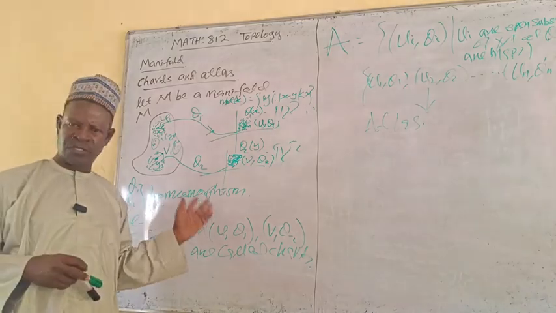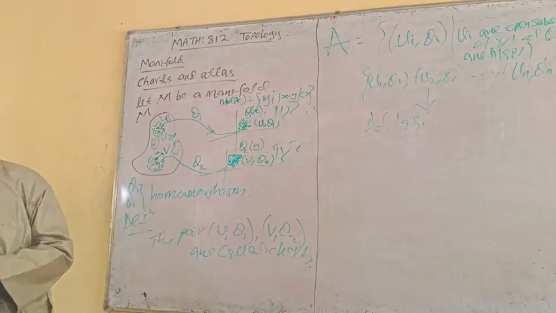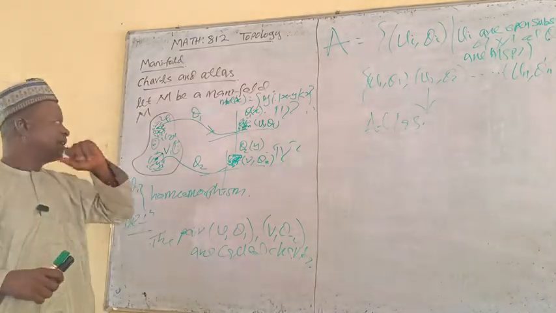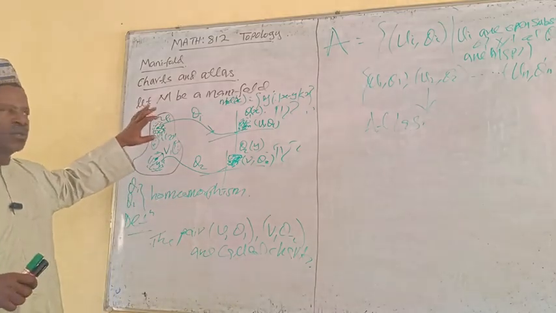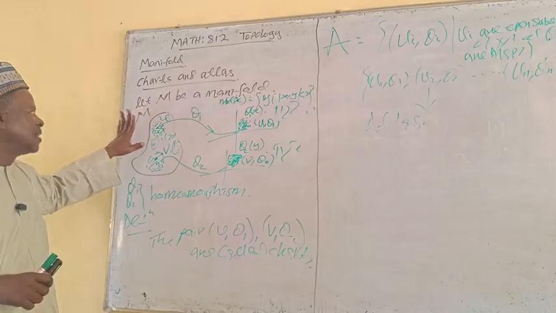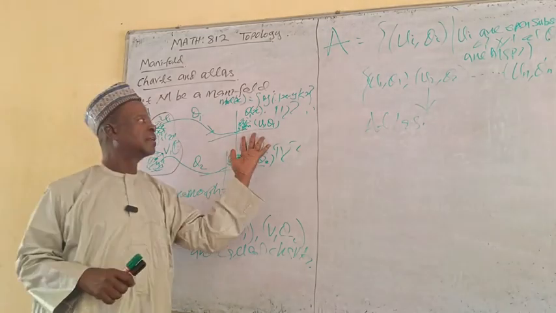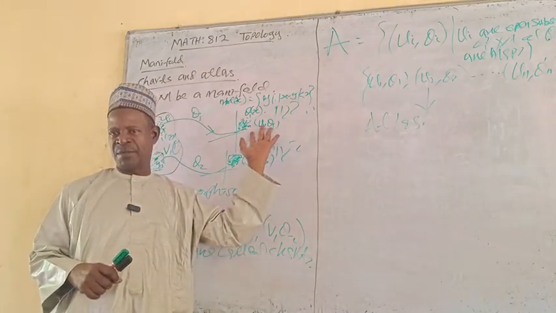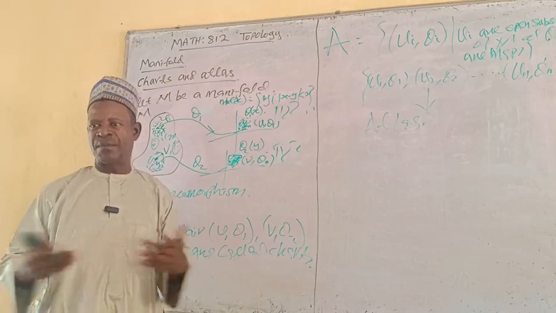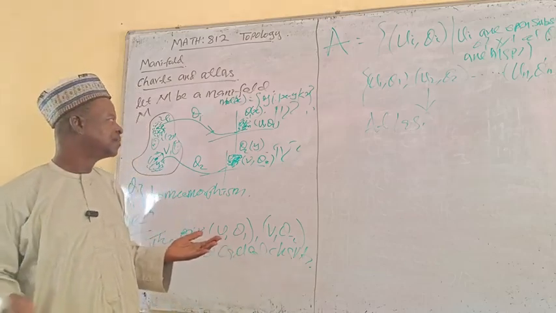Now, what is the significance of this? The significance is, one, it helps us to visualize images of the abstract space, the manifold, on Euclidean planes, two-dimensional, which you all are familiar with. Is it clear?